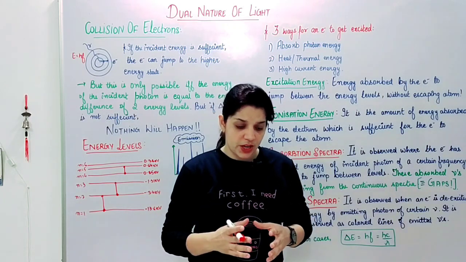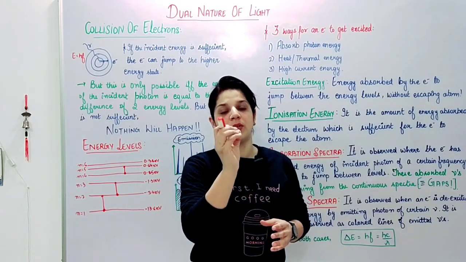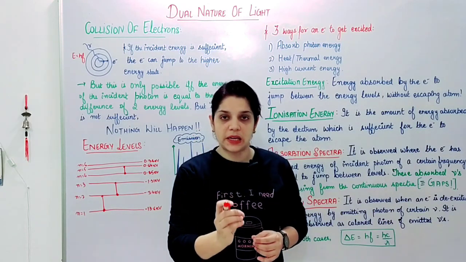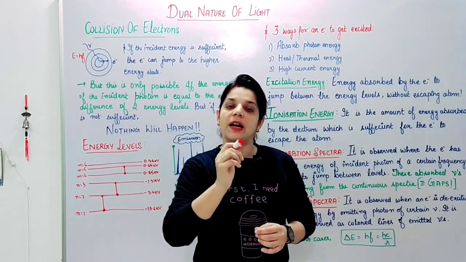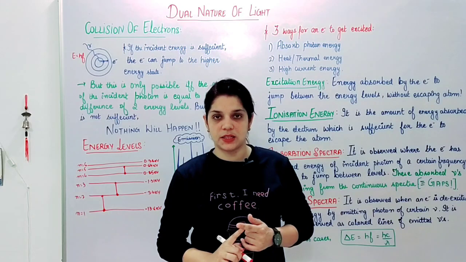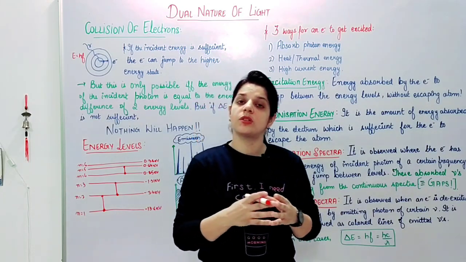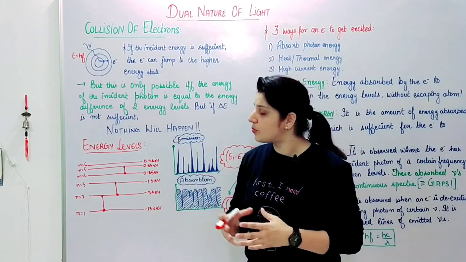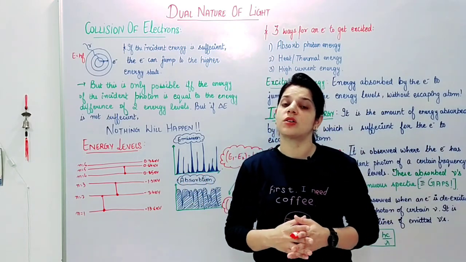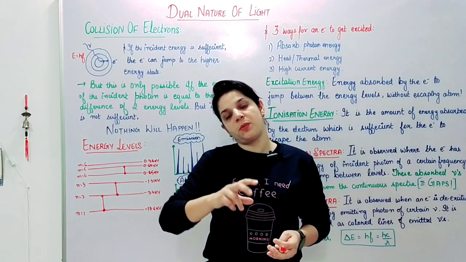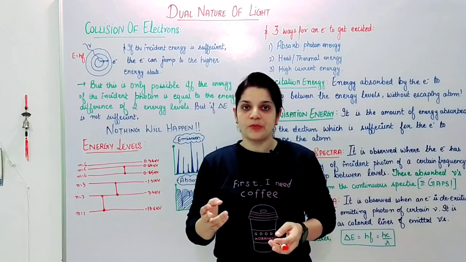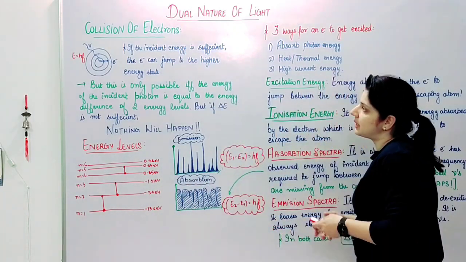So in a way we say that light photon is a particle and it is a wave at the same time, simultaneously. Here we'll be talking about certain observations, phenomena or experiments which will prove both the things. So without wasting any time, let's start.